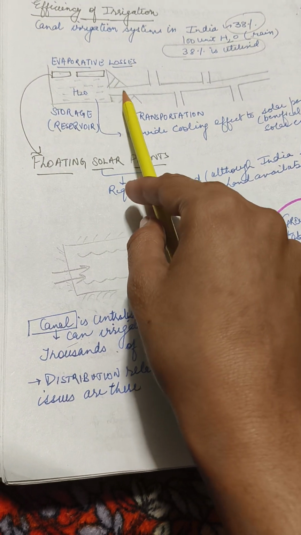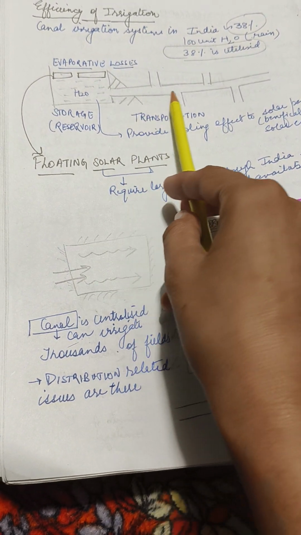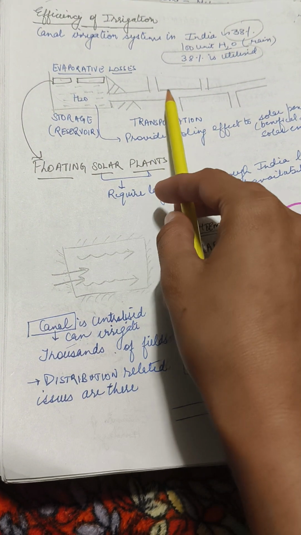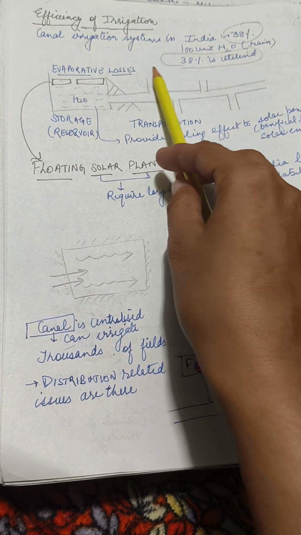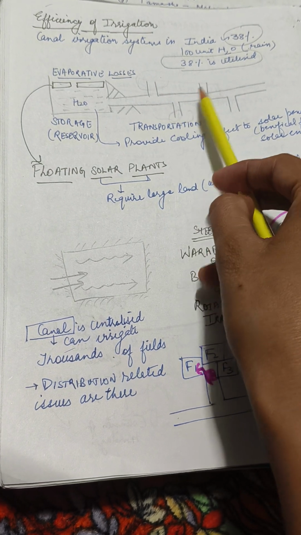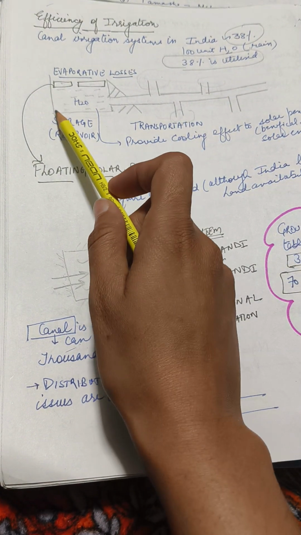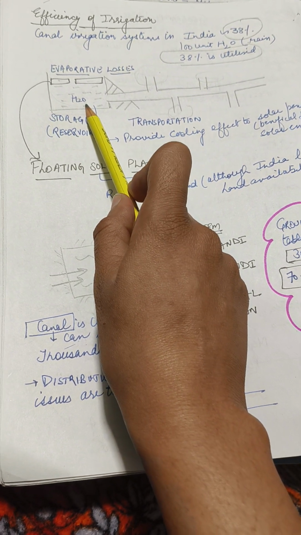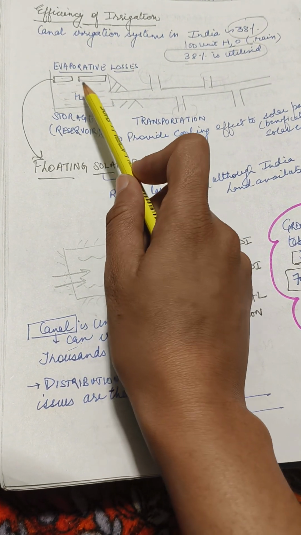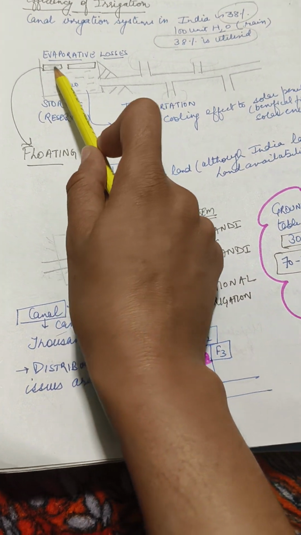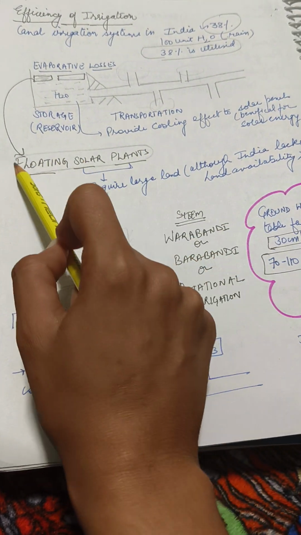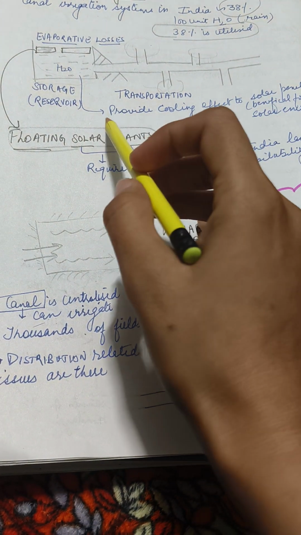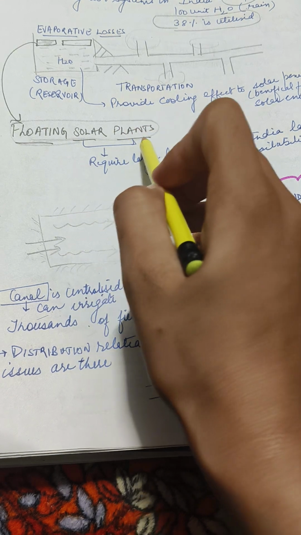Now let's see how the canal system works in most areas. Here is a diagram which represents a tank where different outlets are given. Each represents a particular area or a village. A storage tank is made in a certain area where water gets stored, and here we can also utilize it more by providing floating solar plants, which is quite effective for maximum output.